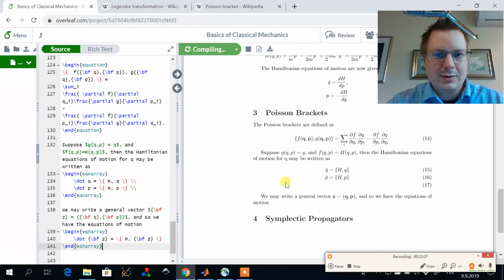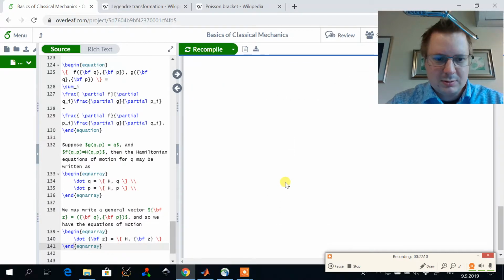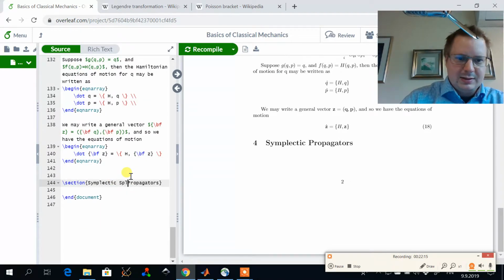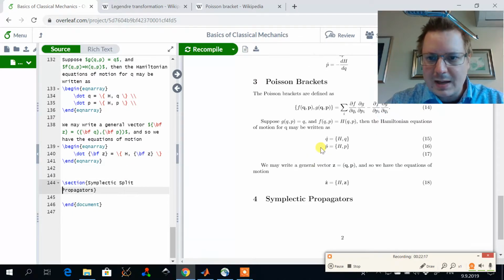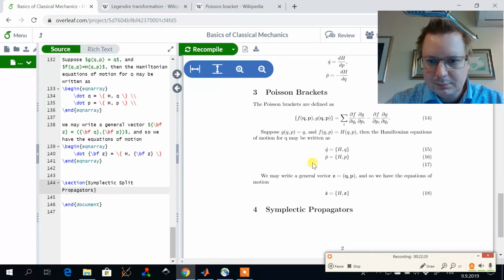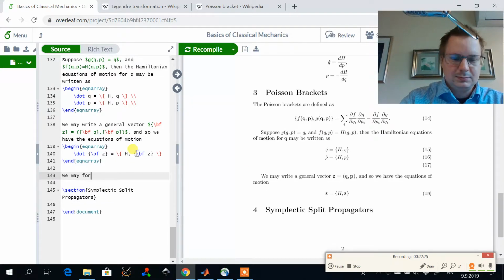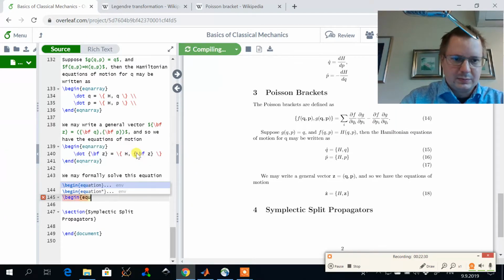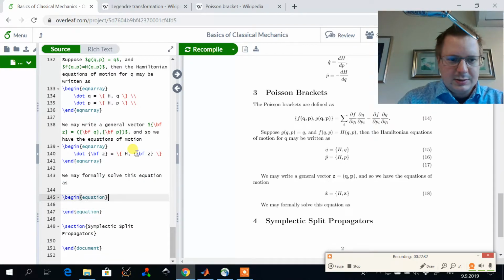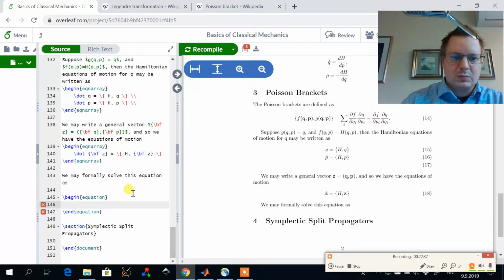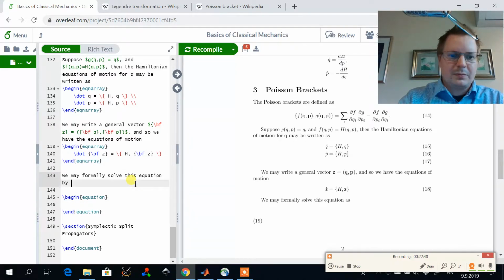And now we are going to go into the split propagators. So we can formally solve this.